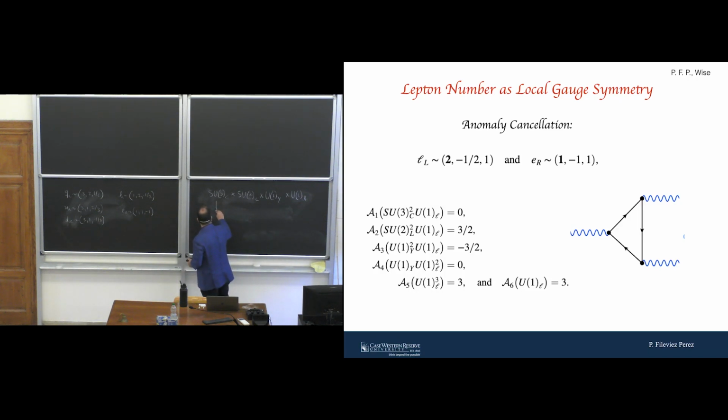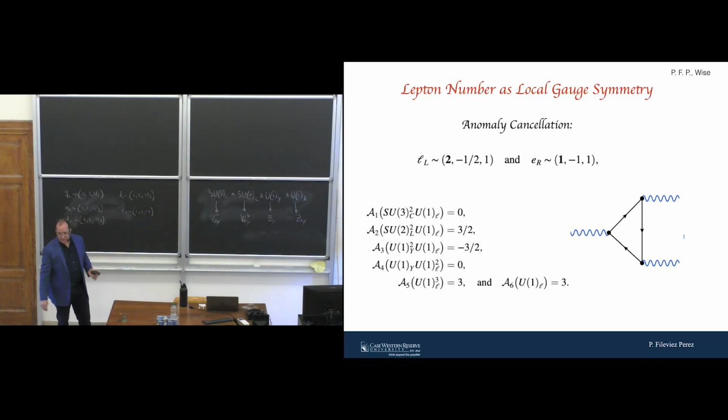The gluons, there are 8 of them, let's say a goes from 1 to 8. The W's, there are 3 of them, b goes from 1 to 3. For this, let's use, I don't know, whatever notation you want.